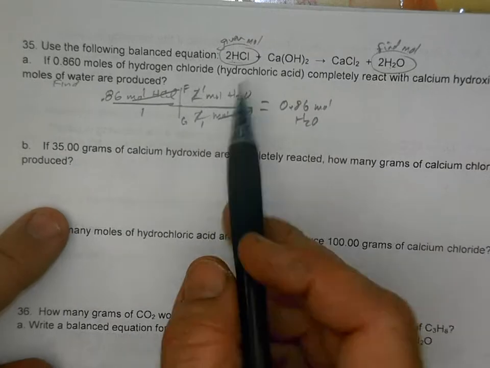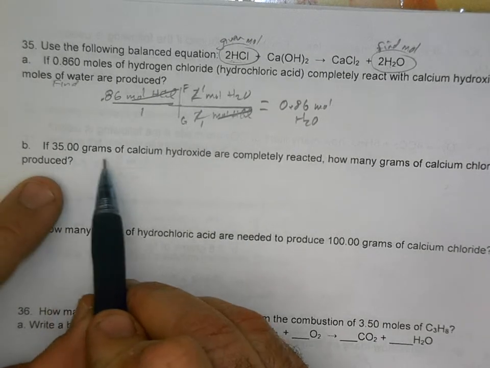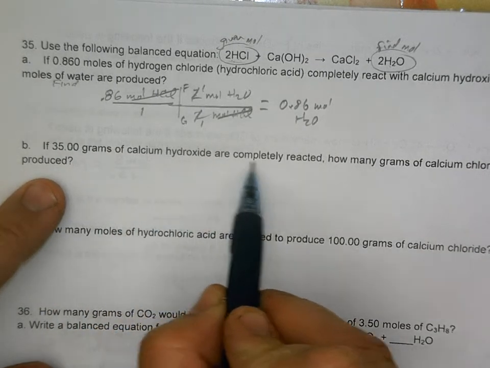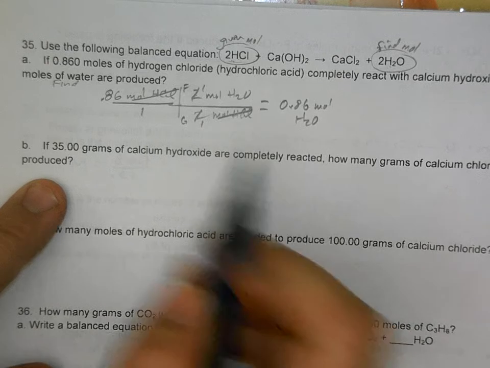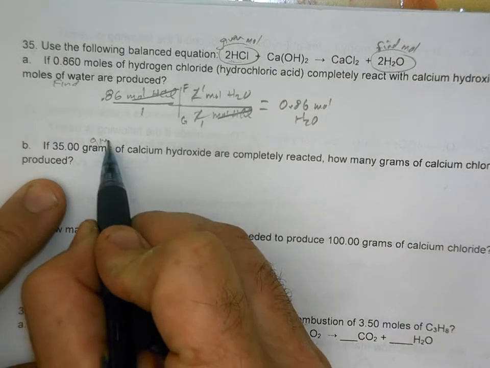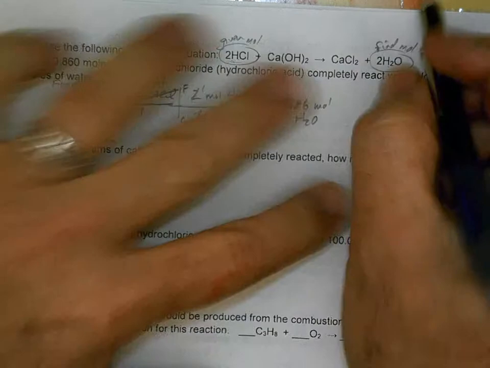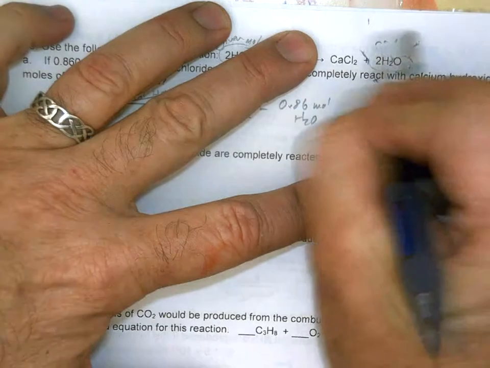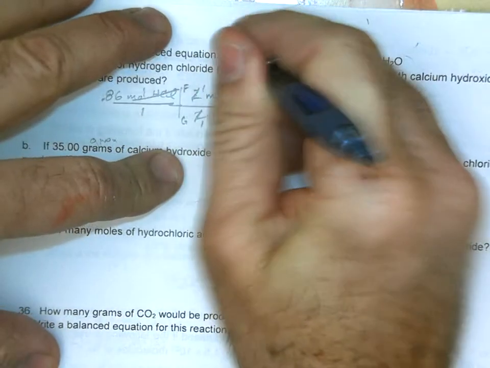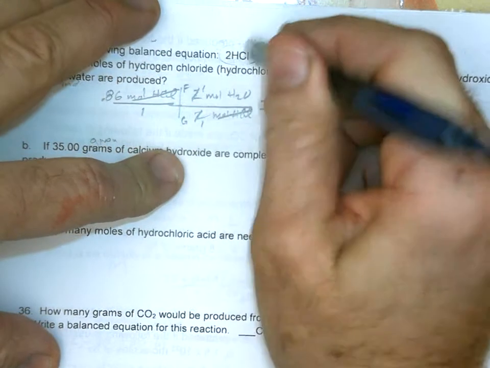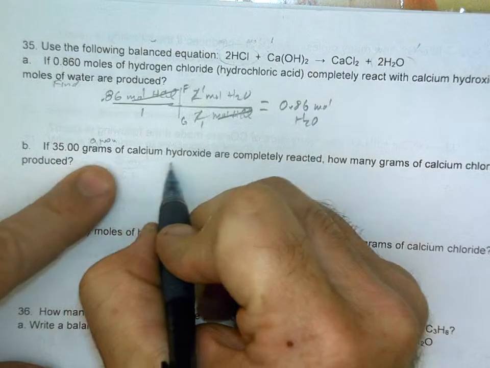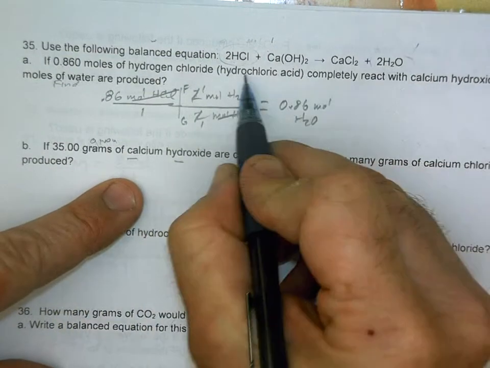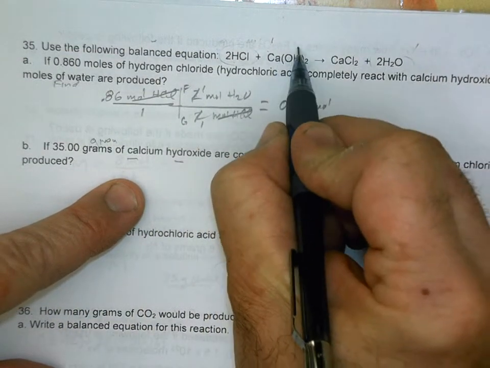Now we've got new givens and finds. If 35 grams of calcium hydroxide are completely reacted, this is our given. So I'm going to go back up here and erase these because those are the old ones. This is why it's a good idea to use a pencil when you're doing stoichiometry. Calcium hydroxide must be this one.